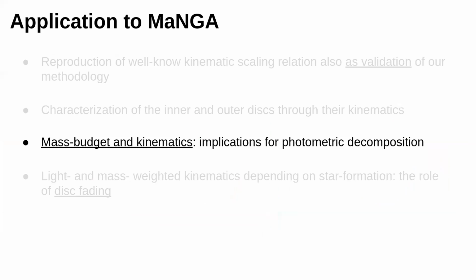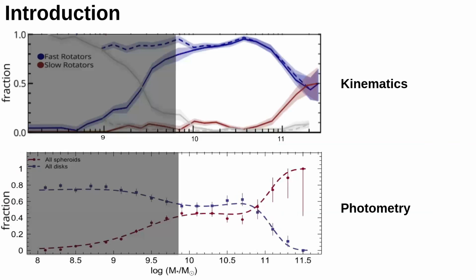Okay. Now, let's remember that our goal was to characterize and discuss in another way the mass budget of galaxies. And we want to do that by including kinematics initially and also star formation. So let's remember that the picture we started from was the following one, with some kind of strong difference between the photometric approach and the kinematic decomposition.